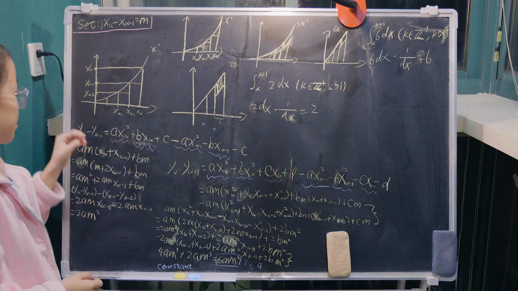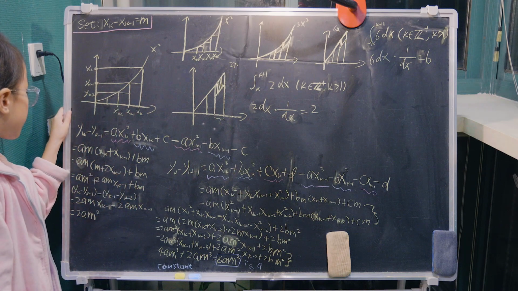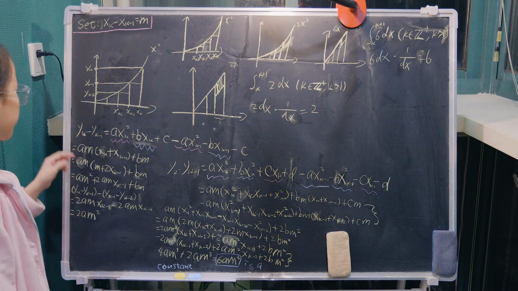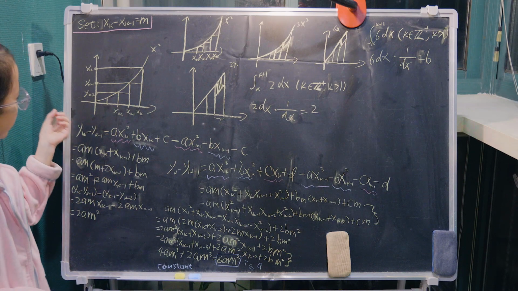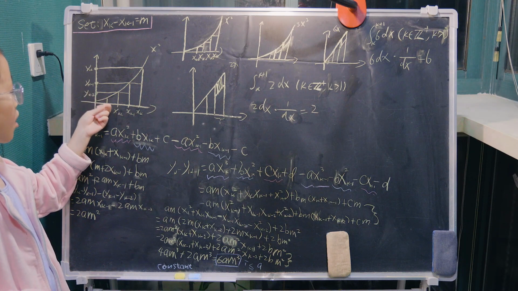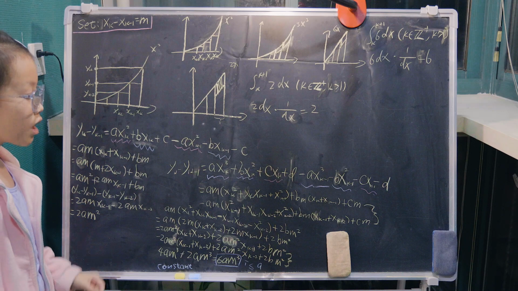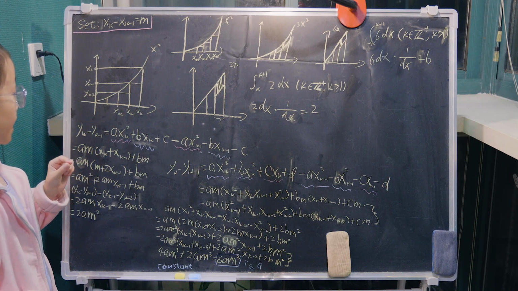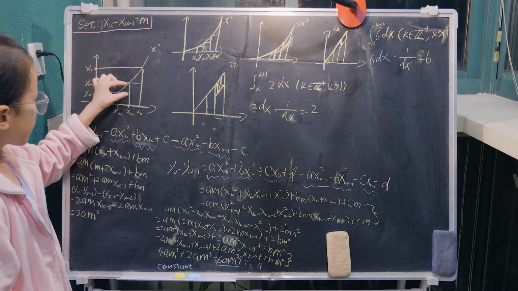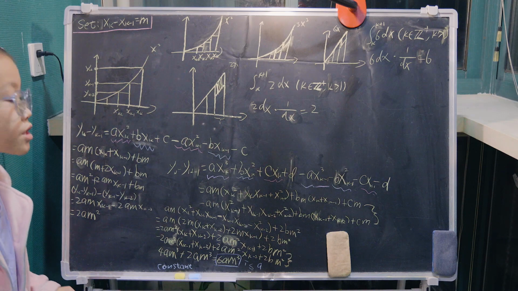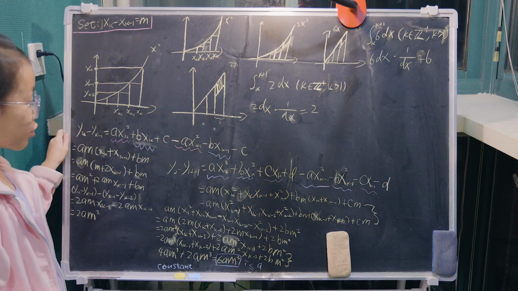Right here we have two things to prove. Actually, they are the same thing, but we can say it in two ways: the difference of the values of the quadratic equation is a constant, or the values form an arithmetic progression.